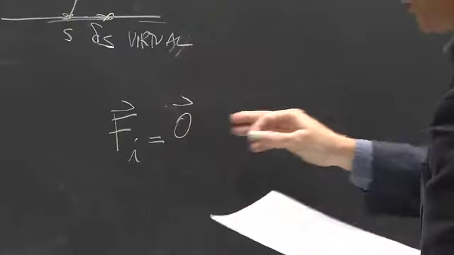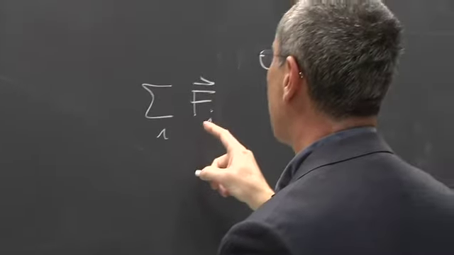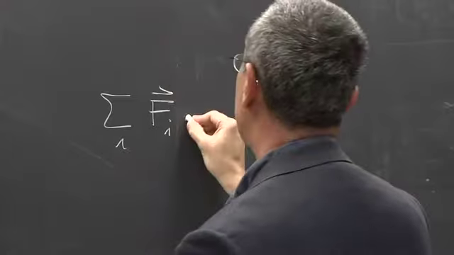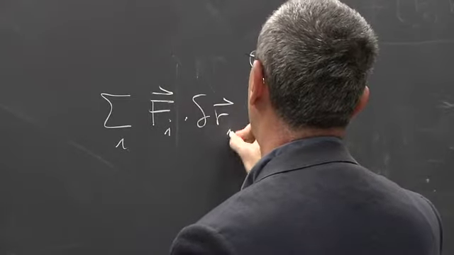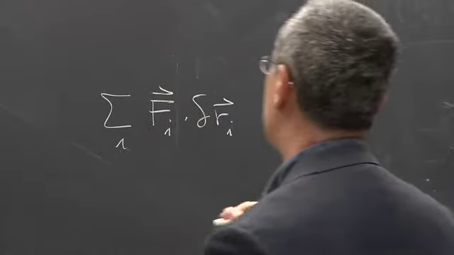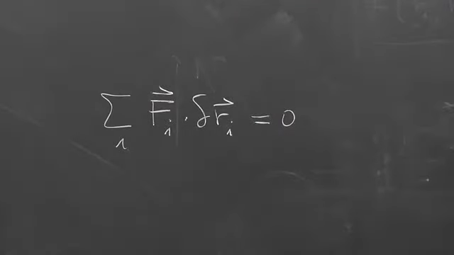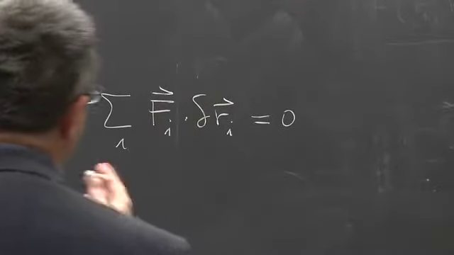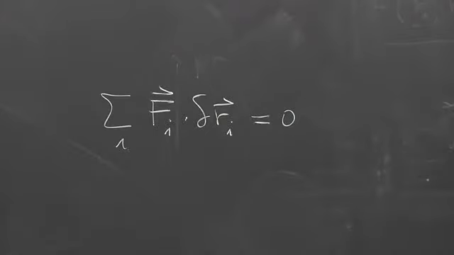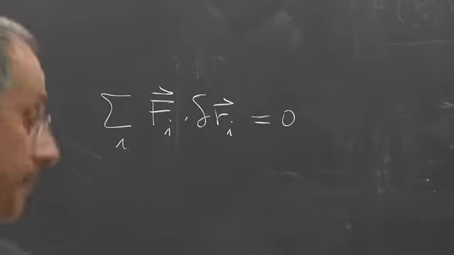Okay, so I consider this situation, and if this is true, also this must be true, says D'Alembert: I take the scalar product of all my forces times the virtual displacement of my system, and this too must be equal to 0. Simply because this is 0, so I'm just writing 0 equal to 0 in an interesting way. Okay?